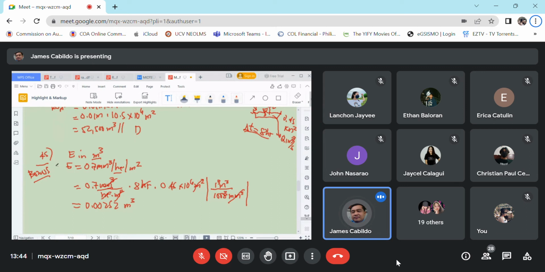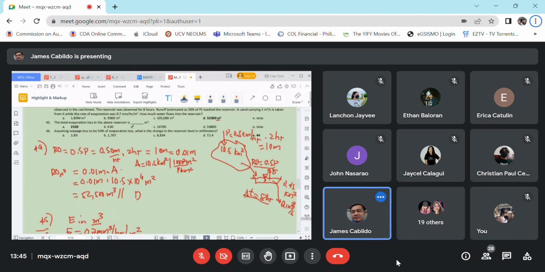Definitely, yung 46, bonus na rin. Bonus point. Bonus item. O, ilan ang bonus item? 5 na. Okay? Pero ganun pa man, i-solve lang natin para maintindihan lang natin dito. So, assuming seepage loss to be 50% of evaporation loss, what is the change in the reservoir level in millimeters?